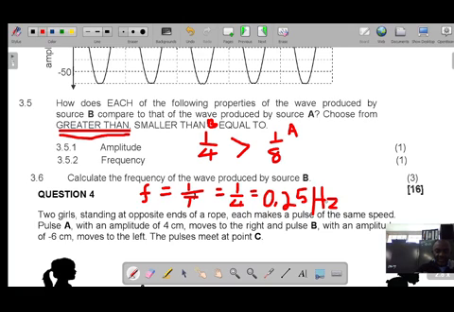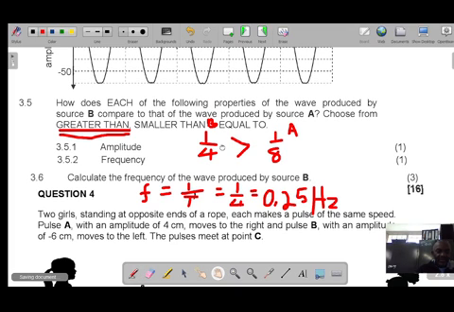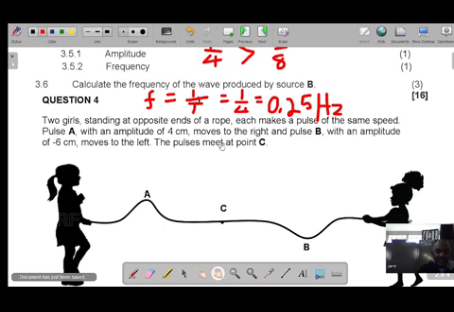Okay, let's continue, guys. Next we are saying that two girls standing at opposite ends of a rope each make a pulse of the same speed. Pulse A with amplitude 4 centimeters moves to the right, and pulse B with amplitude minus 6 centimeters moves to the left.